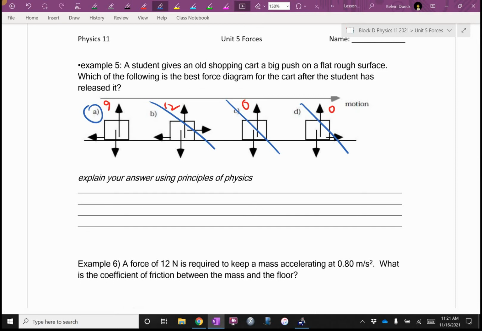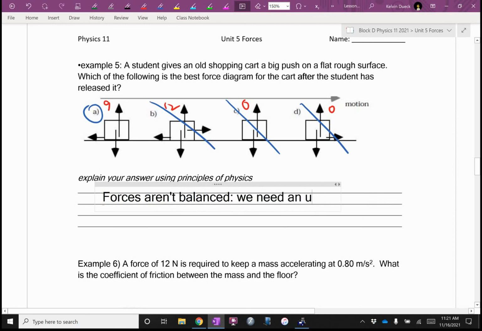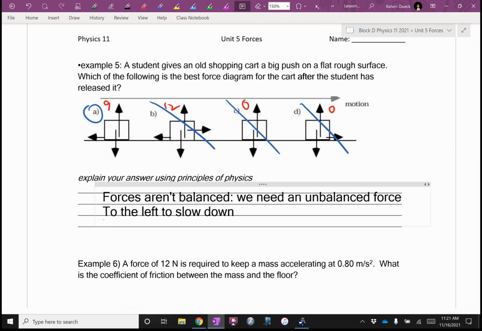So we have to say something like this. Forces aren't balanced. We need an unbalanced force to the left to slow down. And that's the only one A has. Or you could have said Newton's first, dropped the mic and walked off, and I'd say, I gotcha.